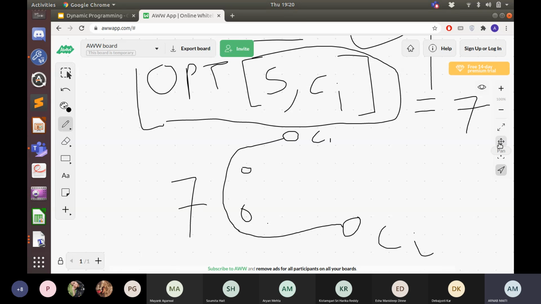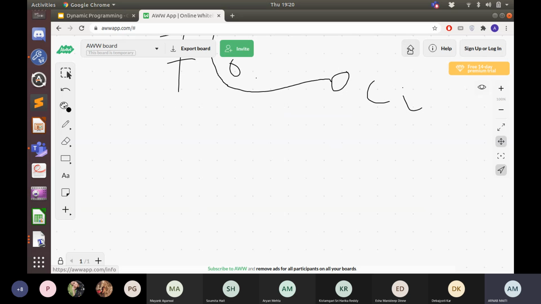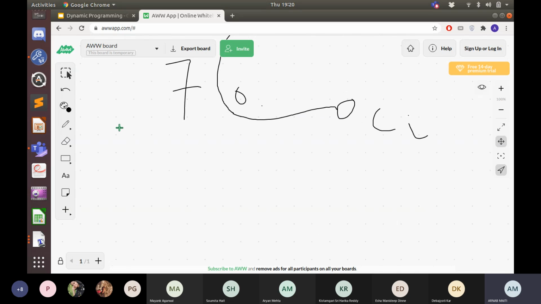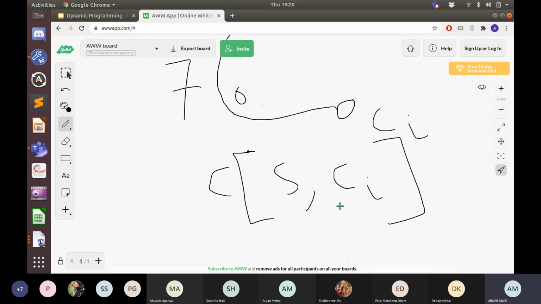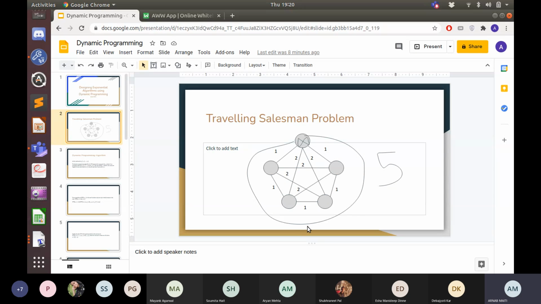Can someone tell me then, suppose I have computed all possible values of this table, for all possible sets S and for all possible Ci, how using this I will find an answer for the original problem?